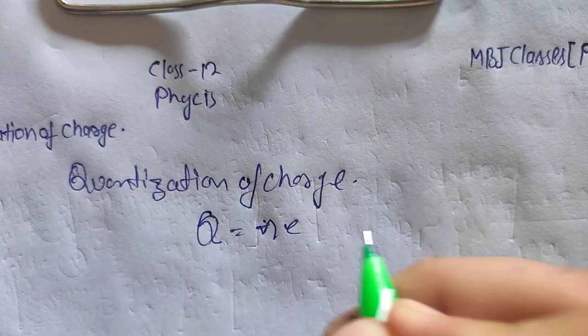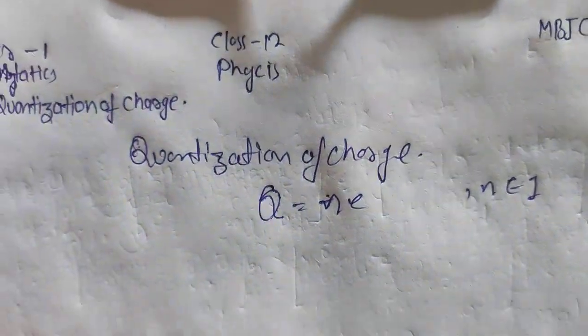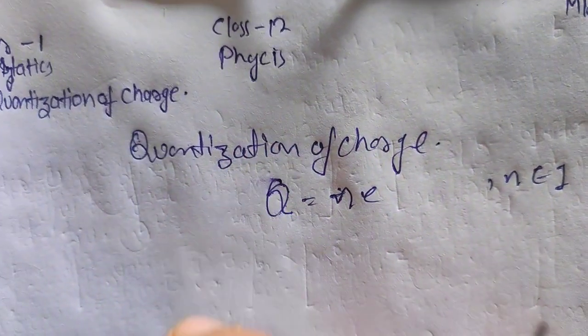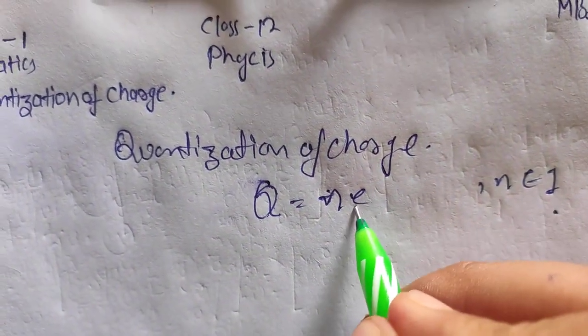q = n e, where n is an integer. It says that all charged particles carry an integral multiple of the basic unit e.